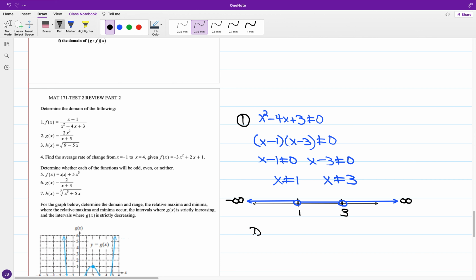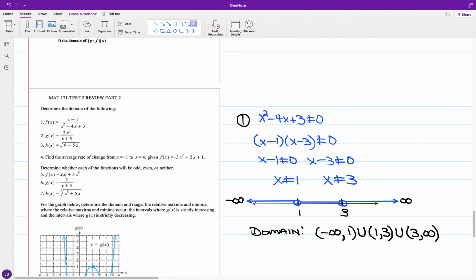So for the domain of this rational function, we have 3 separate sections once again. Between negative infinity and 1, with parentheses throughout, then between 1 and 3, not including those values, so parentheses once again, and values of x greater than 3. Again, parentheses are used as the grouping symbols.